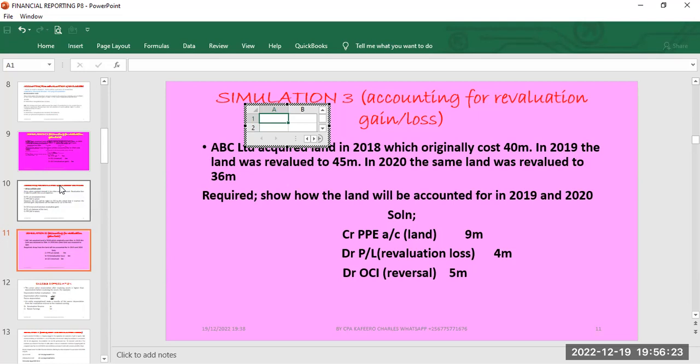I know that when you understand these principles, that's why I'm using basic examples, so that you can't fail to have these things done when we are solving more questions as they come in.